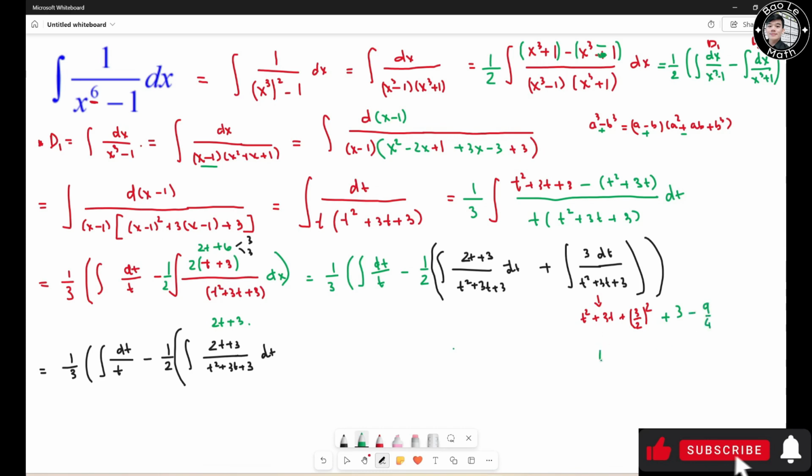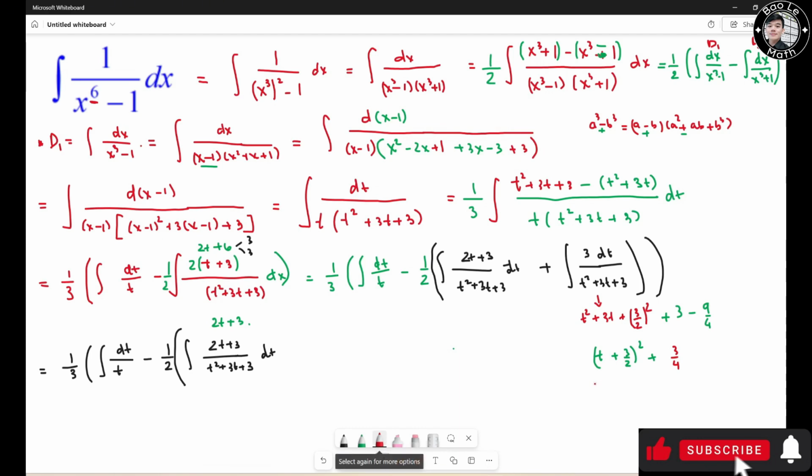So this turns out to be (t plus 3/2) all together squared plus, now this one right here, you just simplify, so it turns out to be 3/4, right?